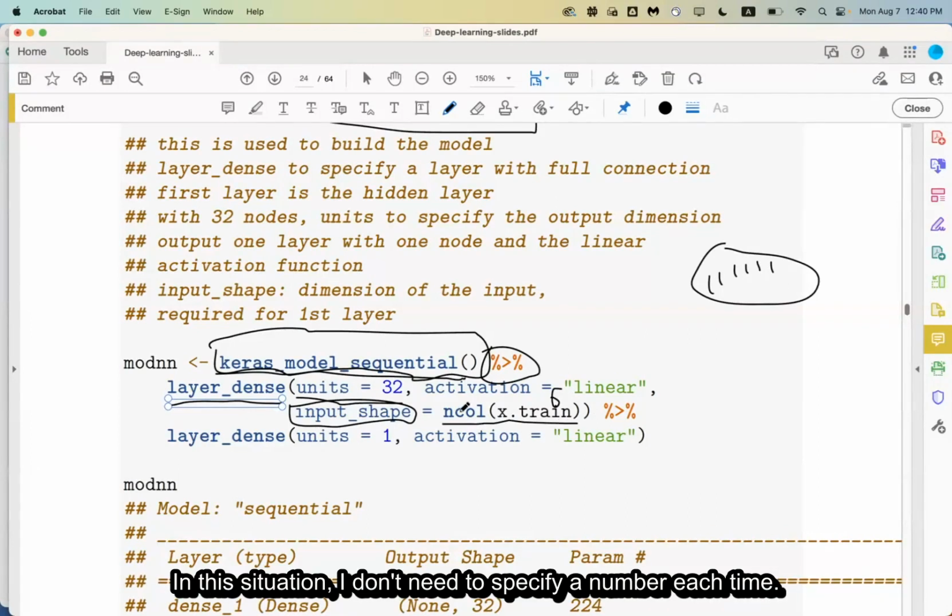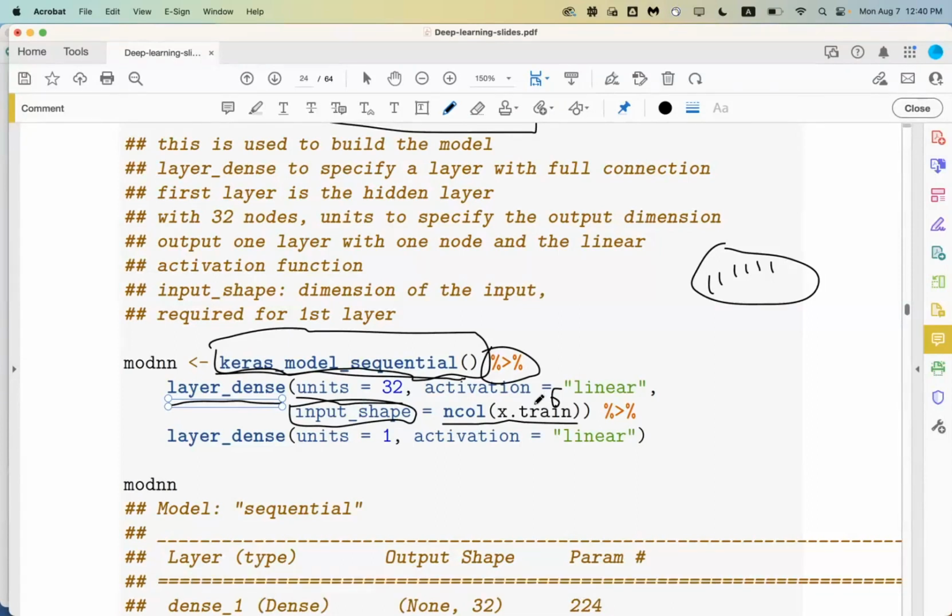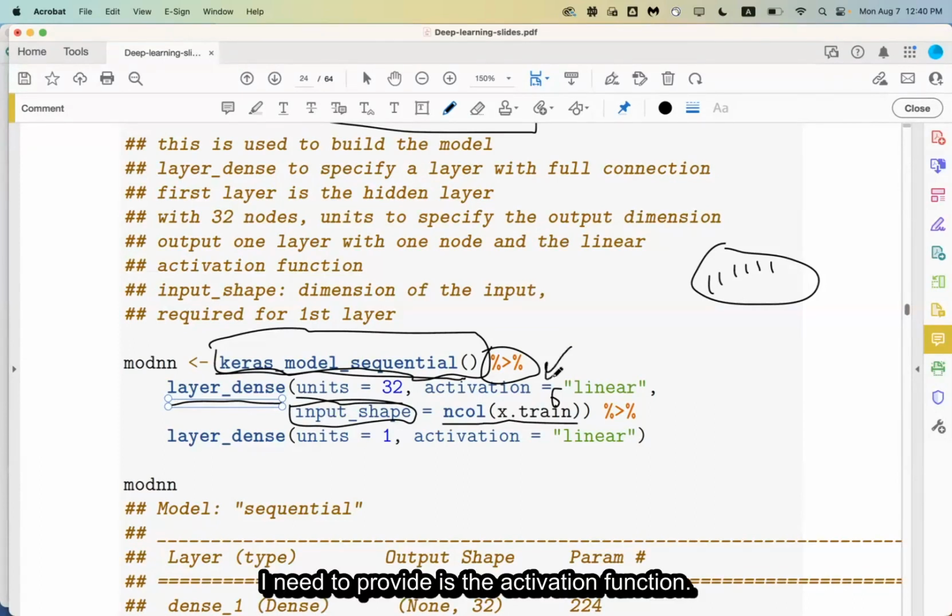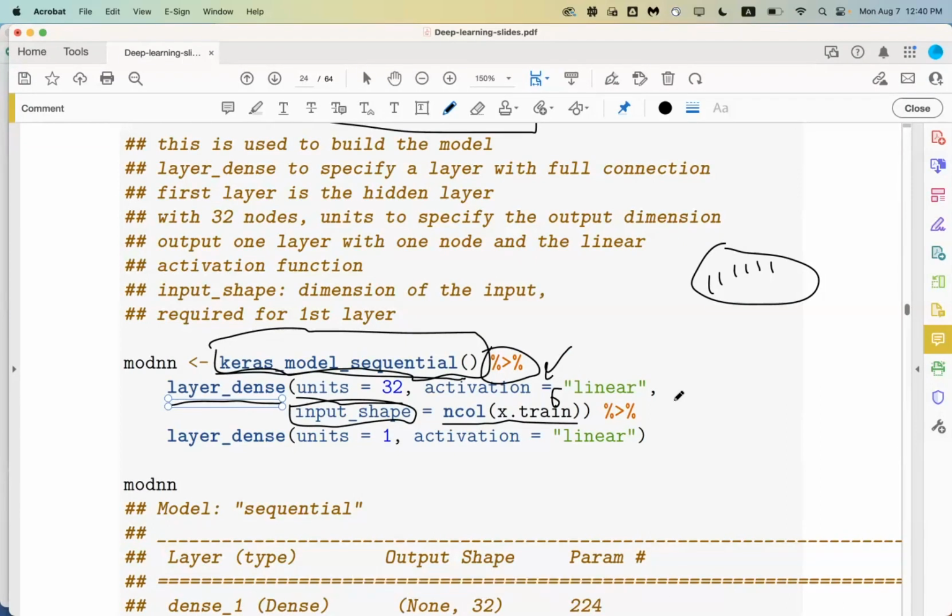In this situation, I don't need to specify a number each time. Another option I need to provide is the activation function. Here, my activation equals linear, which means I'm using a linear activation function. So basically, this specifies the first layer, the hidden layer.